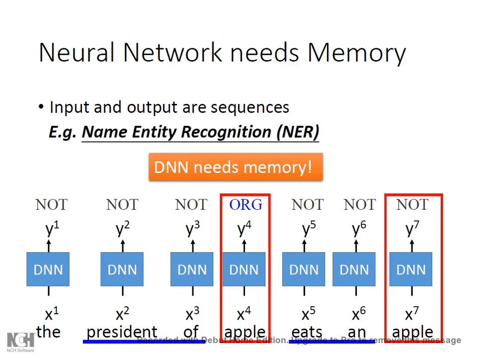So you cannot determine it just by this word. You need the memory of the previous words to do the recognition. So in this case, we say the network needs memory.